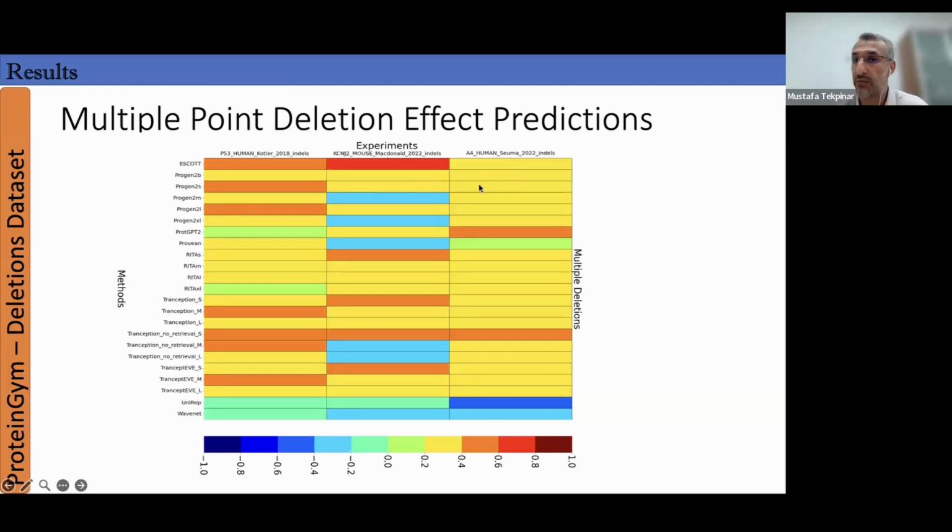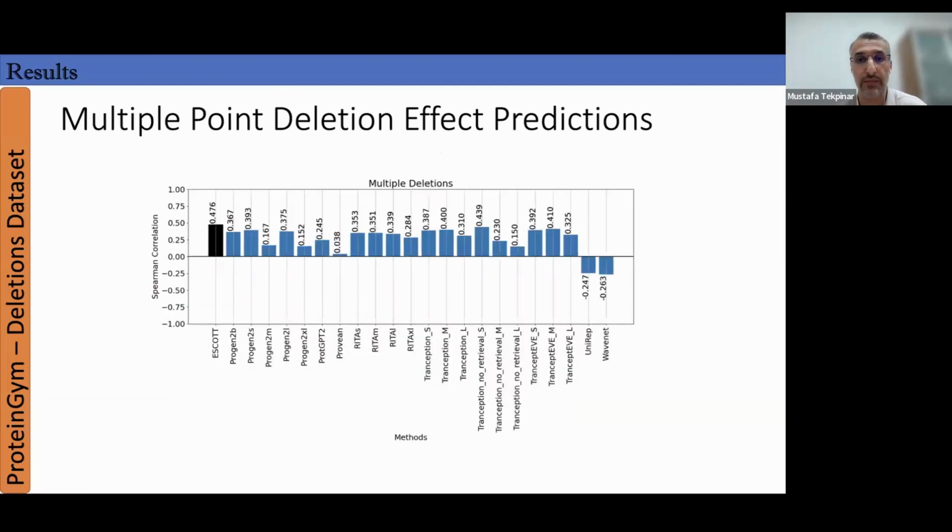I follow the same protocol, getting the average of the three experiments to obtain a per method score. 0.476 is our average Spearman correlation over these three experiments. And then I think Transception non-retrieval methods were the second best for multiple point deletion effect predictions.